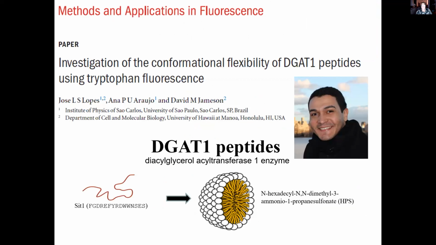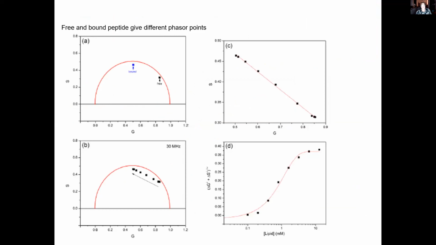And postdoc Jose from Brazil came to my lab with peptides that interact with lipids, with micelles, that have two tryptophans. Again, on the left, you see you get a point free and a point bound, and when you start mixing in the micelles, you'll get this titration. And here we see on the top right, C, we blow it up, and you see this.